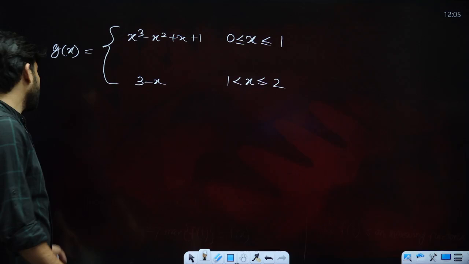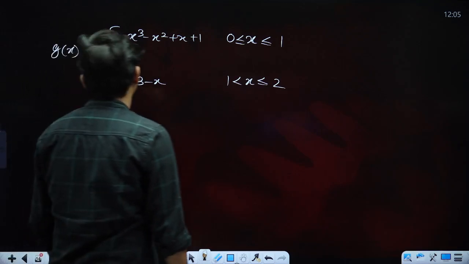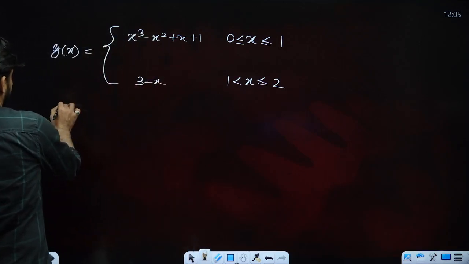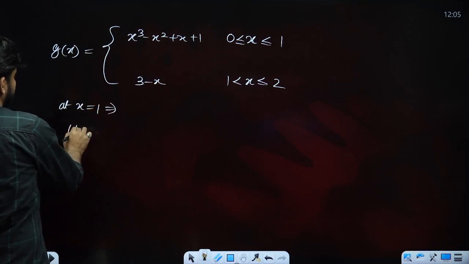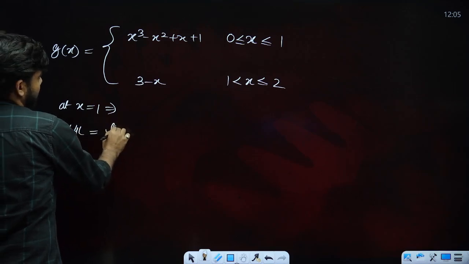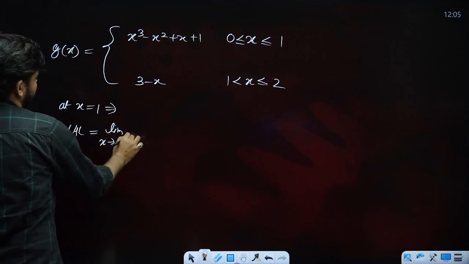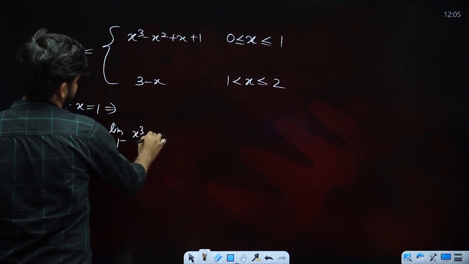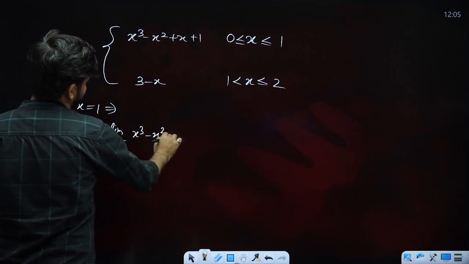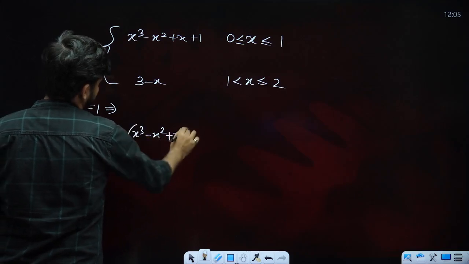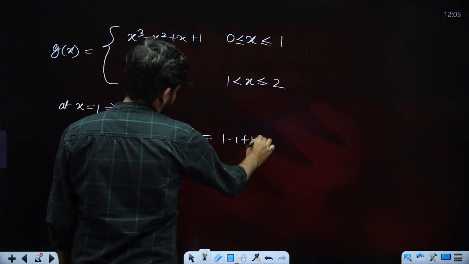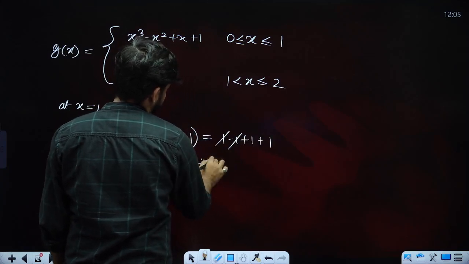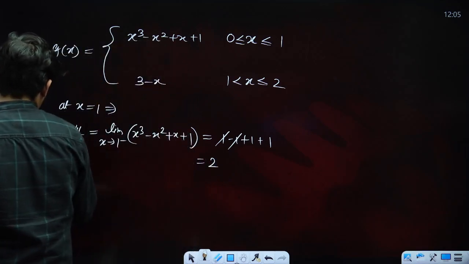So we can do one thing over here. At x equals 1, we can take the left hand limit, x tends to 1 negative, of x cube minus x square plus x plus 1. If I take 1 over here, we can write 1 minus 1 plus 1 plus 1, which equals 2.